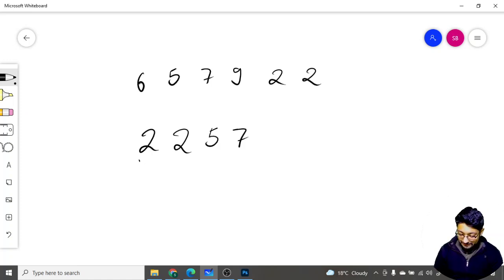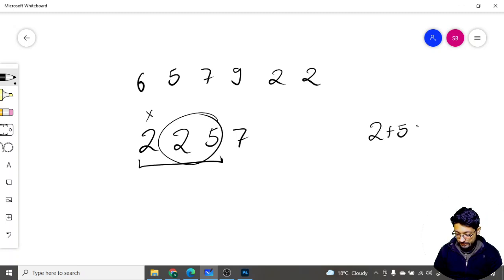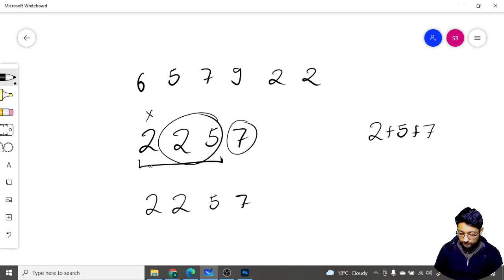Now if you form this as a triplet, you do not take the minimum one of these, you have to pay for these 2, that is 2 plus 5, and then the last one you also have to pay, so it is 7. This is one way. But if you take it from the back, you are making a triplet from the start, the first triplet, second triplet, and so on.